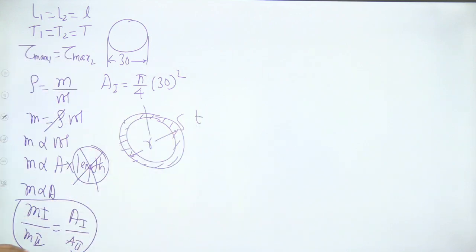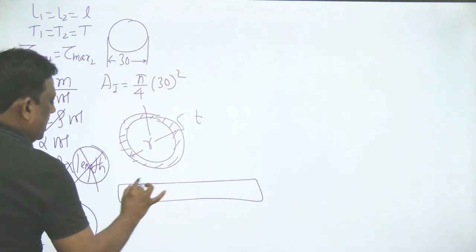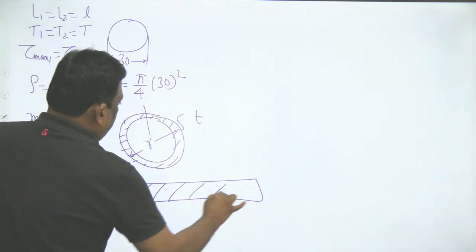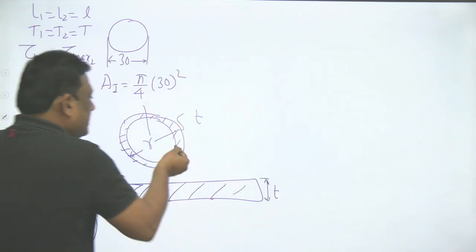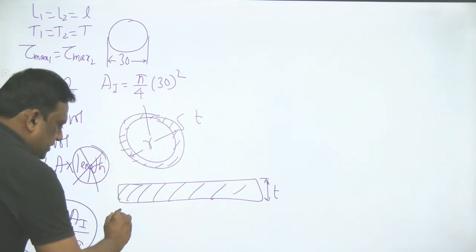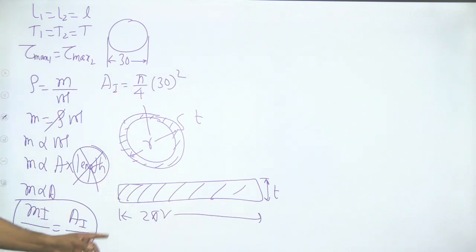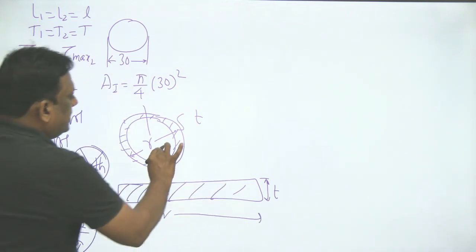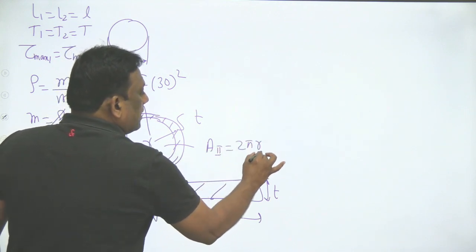If you cut it and open it, it will be something like this. The thickness is t, and the length is the circumference, which is 2 pi r. So the area is very simple, 2 pi r into t.